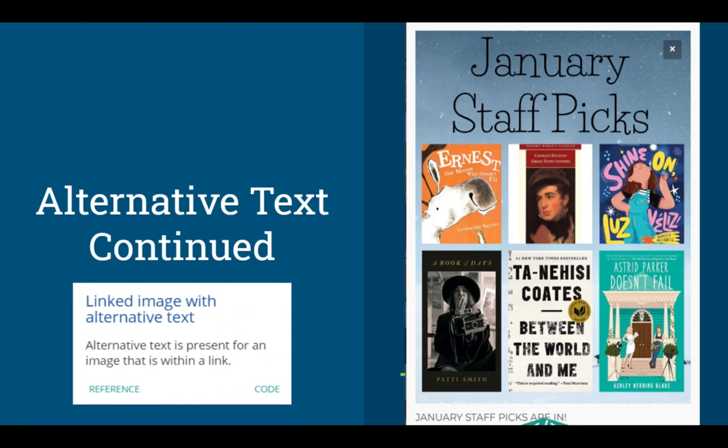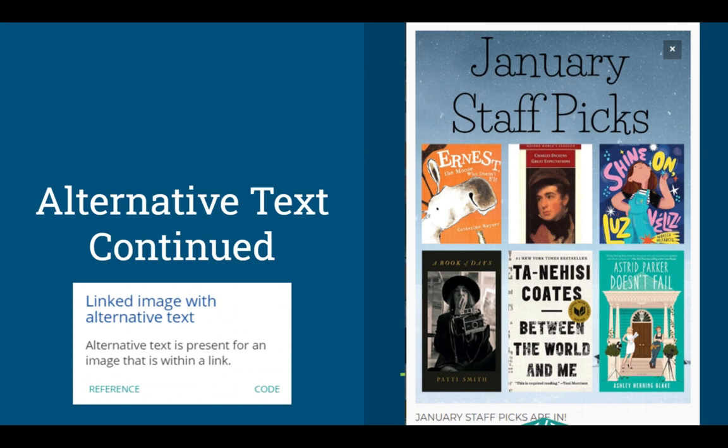Another example of alternative text being included, but not to its fullest extent, is in this January staff picks picture. All the alternative text offers for this picture is "January staff picks are in," but it doesn't inform the user that the January staff picks are Ernest the Moose or Shine On or Astrid Parker Doesn't Fail.